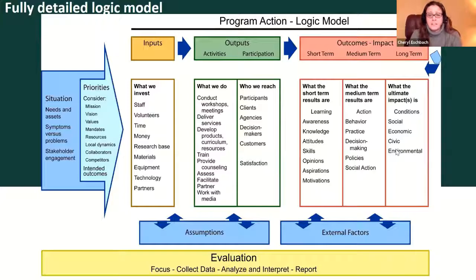And then I also like this template because it gives a more detailed description of the outputs and outcomes that I've already covered, but it's all in one spot. So you can really think about, like, what did we do? We conducted some workshops or meetings, but did you also deliver a service? Maybe you put something up on a website in addition to having programs. It gets us thinking outside of just our program delivery and thinking about, did we develop a fact sheet?